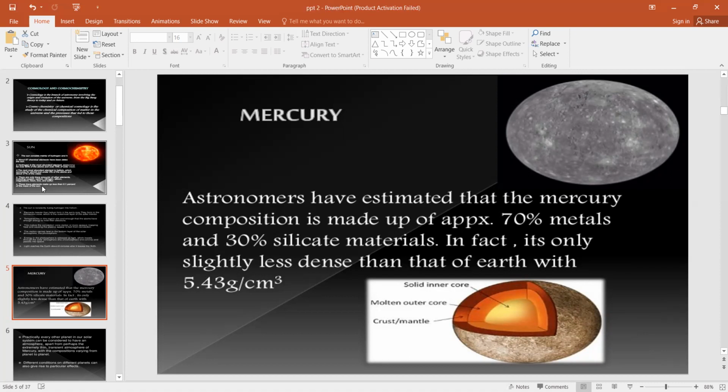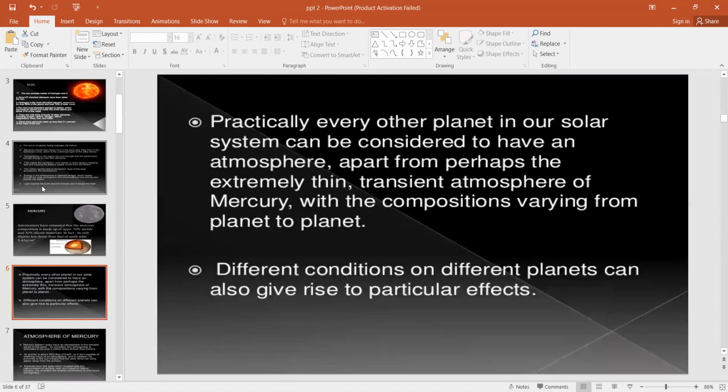It's only slightly less dense than Earth. Mercury is believed to have formed about 4.5 billion years ago when gravity pulled swirling gas and dust together to form the smallest planet nearest to the Sun.